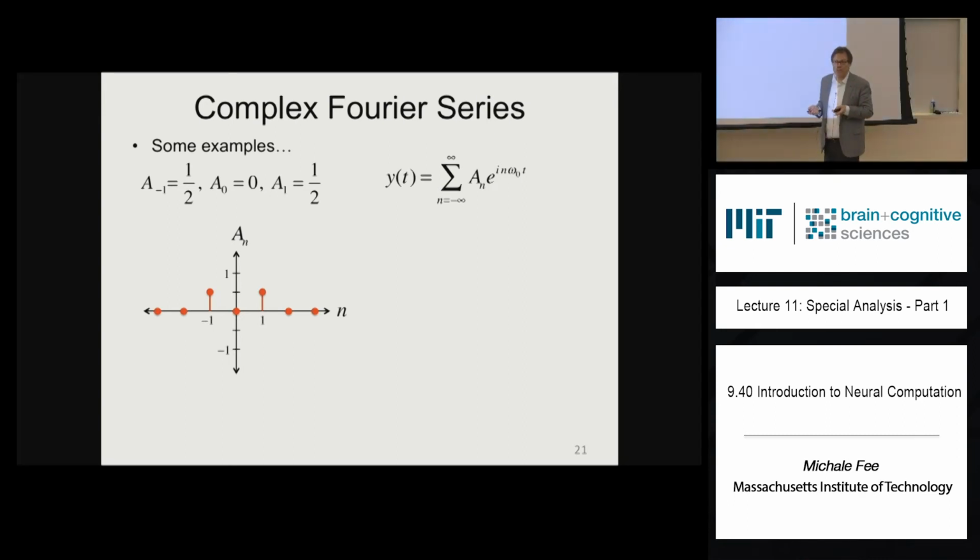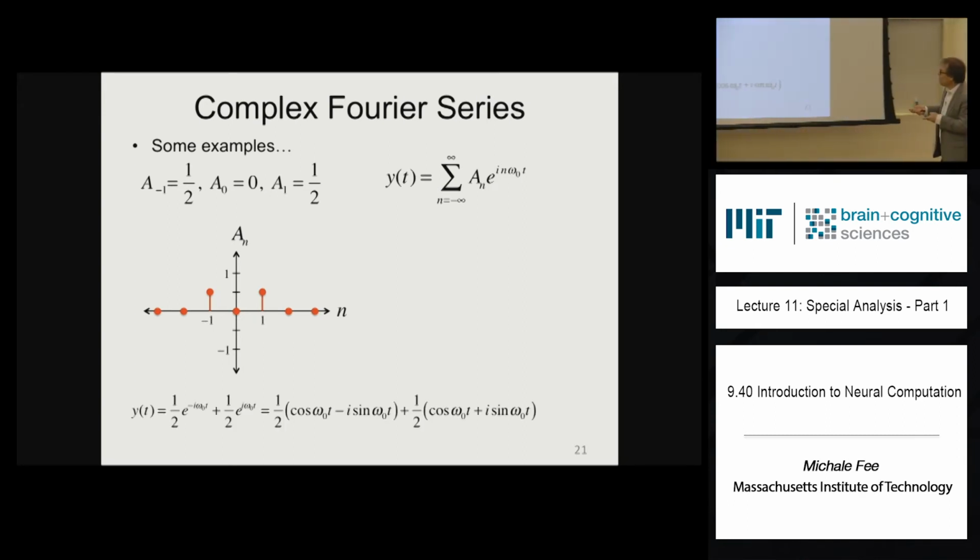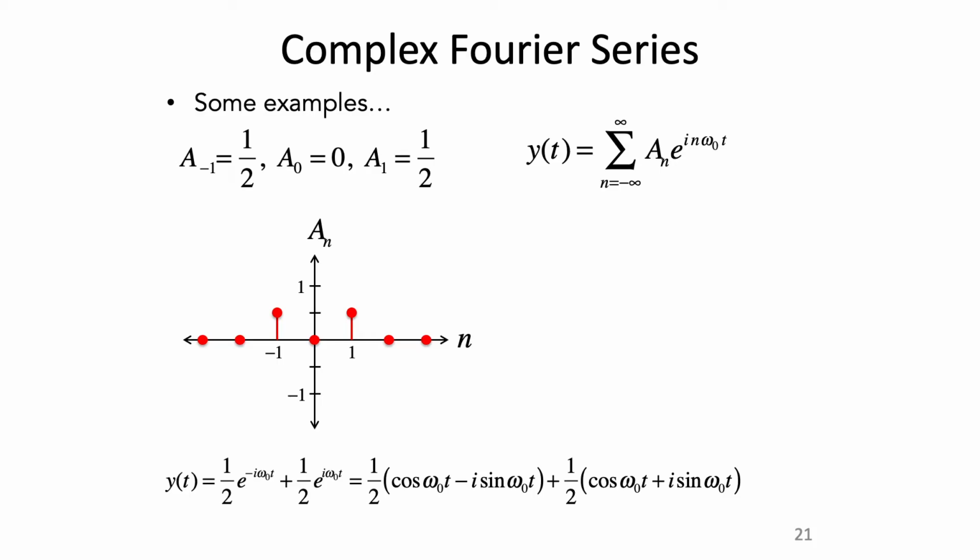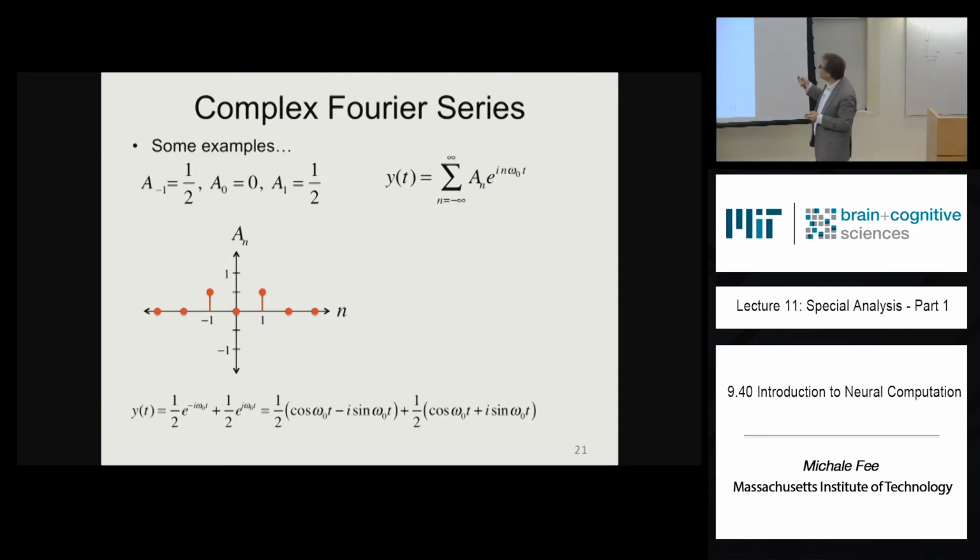It's just a cosine, right? Let's write this out. y equals a sum over all of these things, 1/2 e to the minus I omega naught t, plus 1/2 e to the plus I omega naught t. We're just writing out that sum.